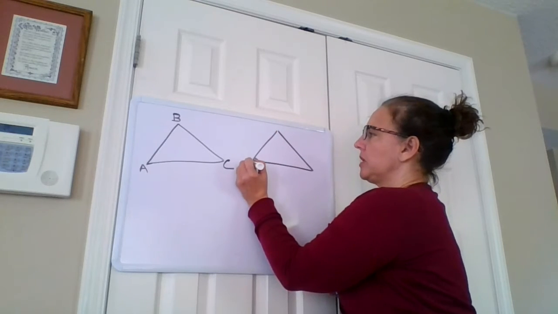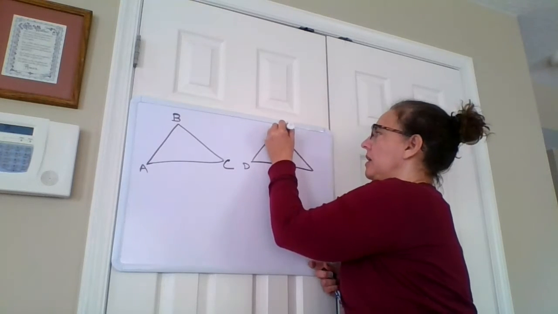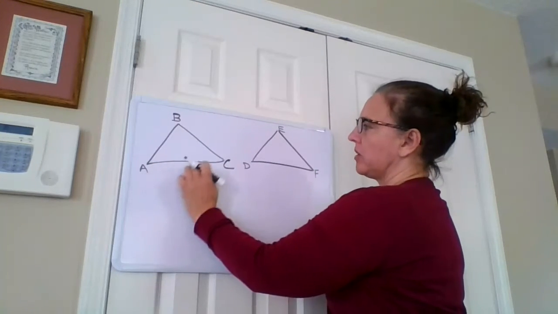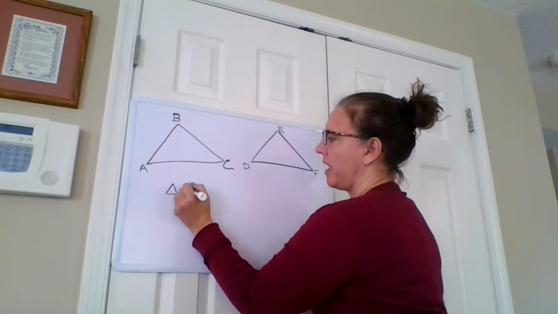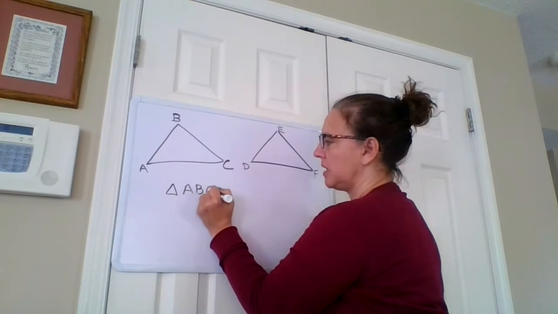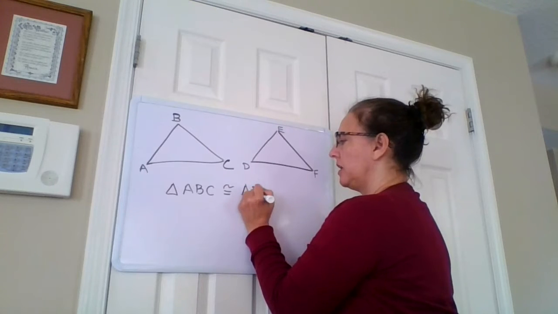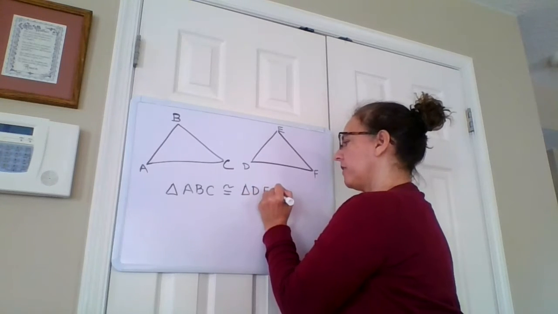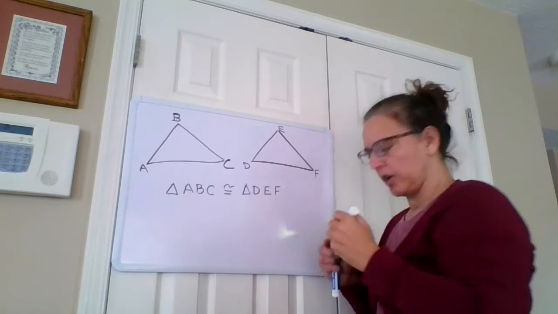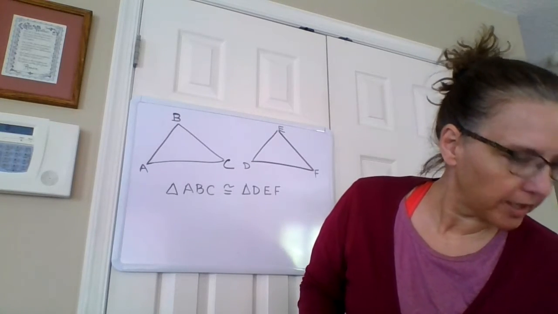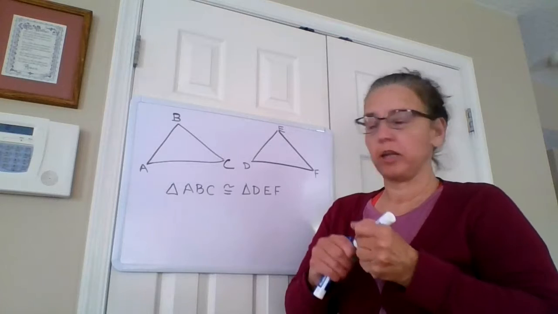We will label it D, E, F. If I say triangle ABC is congruent to triangle DEF, what I'm saying is these two triangles are the same shape, same size. And when we list these, order matters.